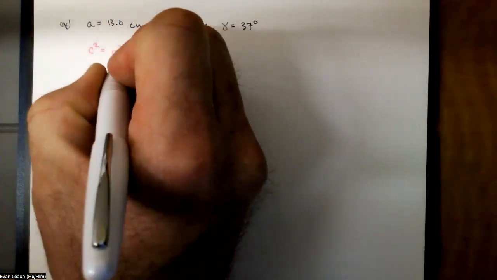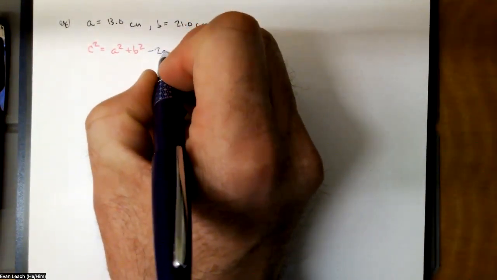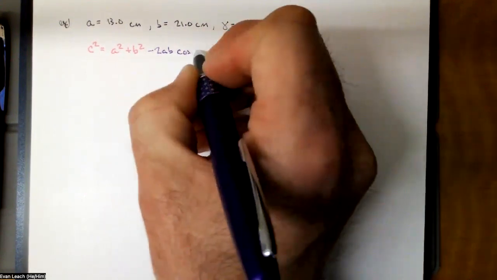So C squared is equal to A squared plus B squared minus 2AB times the cosine of gamma.